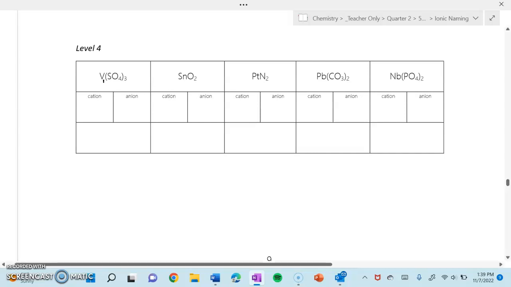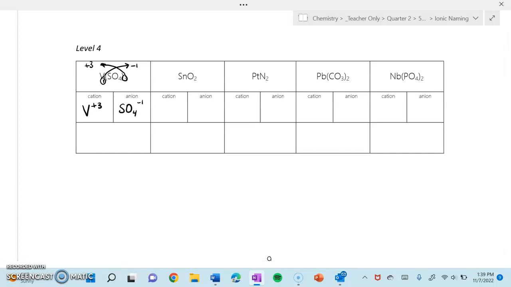So for this first one, I'm going to do the crisscross reverse, and I get +3 and -1. So if I were to just write this down as if it was kind of a level 1, and I get this. But I should be seeing red flags and hearing bells go off telling me, hey, we've got a problem because sulfate has to have a -2 charge.